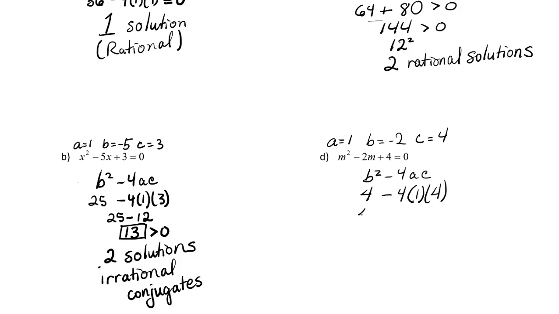This will give me 4 minus 16. We can see that this simplified will be negative 12. And so if I notice that it's negative, I know that I'll have complex conjugates. So I'll have two solutions that are complex conjugates.